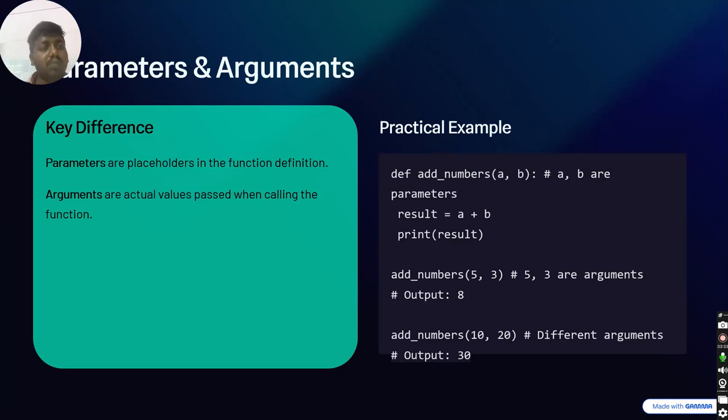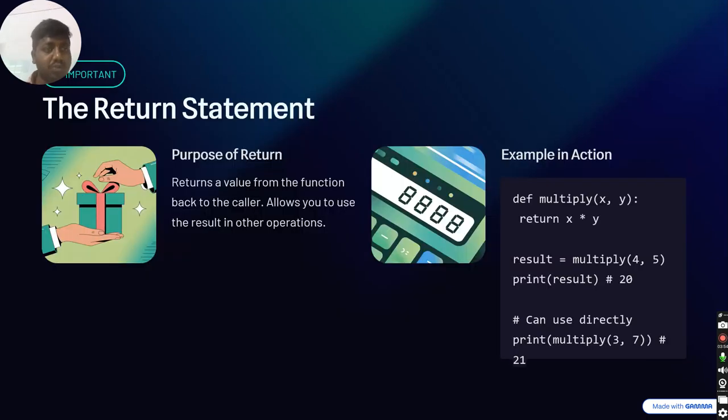So let us know the basic key difference between parameters and arguments. Parameters are the placeholders in the function definition, and arguments are the actual values that are passed when calling the function. Let us go with the next important topic, which is the return statement.